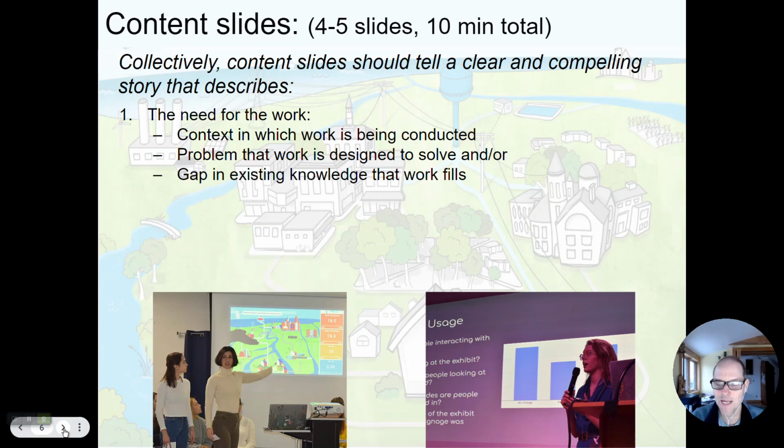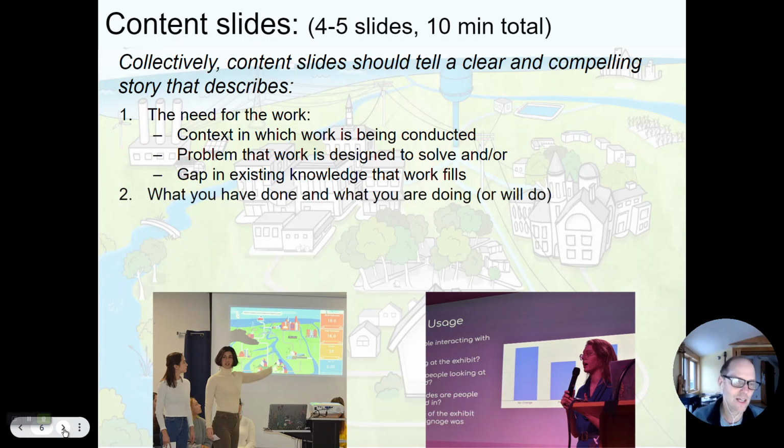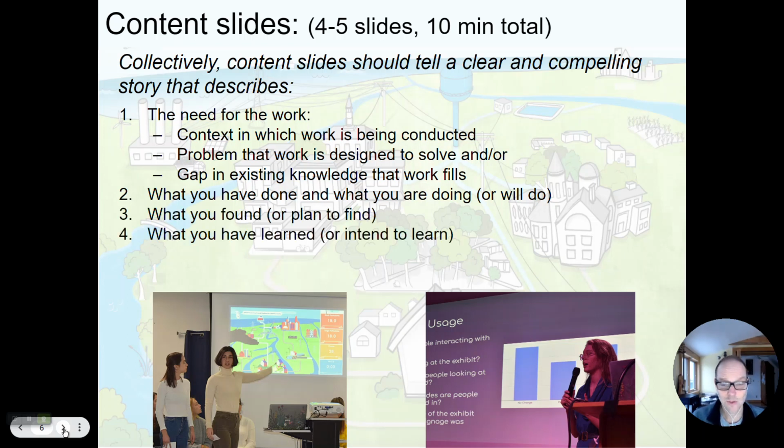Obviously, this harkens back to the proposals that you've been working on. It's the same kind of content you want to be presenting here. You want to describe in these content slides what you've done or what you are doing or will do, what you found or plan to do, and what you've learned or intend to learn. Those are all part of the content slides within a presentation.